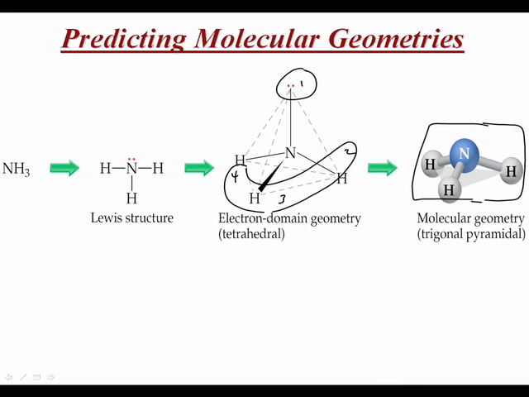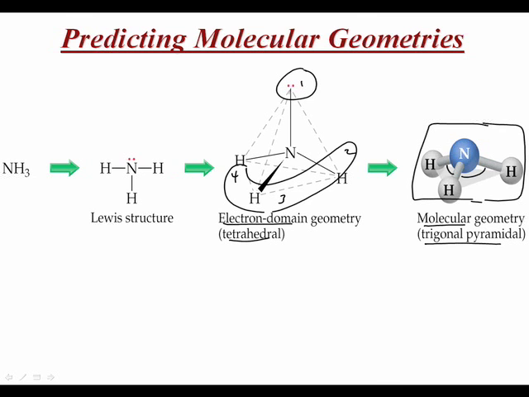So the molecular geometry, we differentiate from the electron domain geometry. Electron domain means that they're going to try and get as far apart from each other as possible, and that gives tetrahedral. The molecular says, okay, what is the actual shape of the molecule? And it's based upon bond angles. This guy's called trigonal pyramidal.